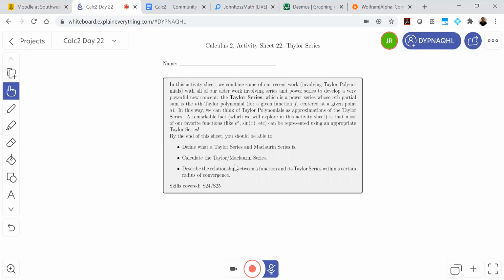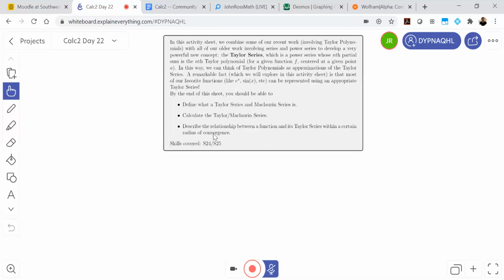These were finite polynomials of degree n, in which we could calculate errors. A Taylor series is the natural joining of these two topics. A Taylor series is going to look like a Taylor polynomial, except instead of going up to degree n and then stopping, it's going to go all the way up to infinity.